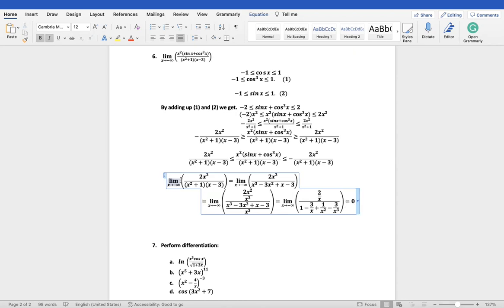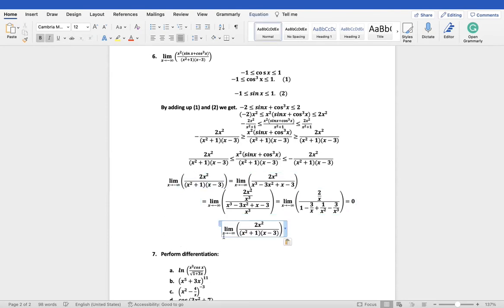If you apply this to the right-hand side of the inequality, which is just a minus with a minus there, you should be able to get the same answer, 0.